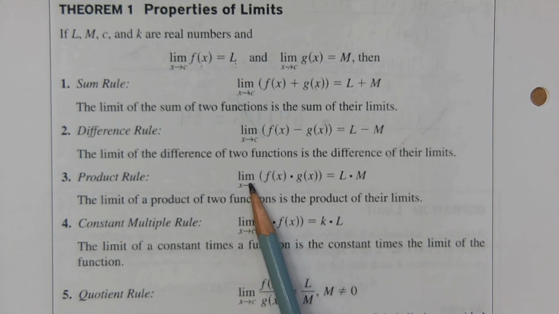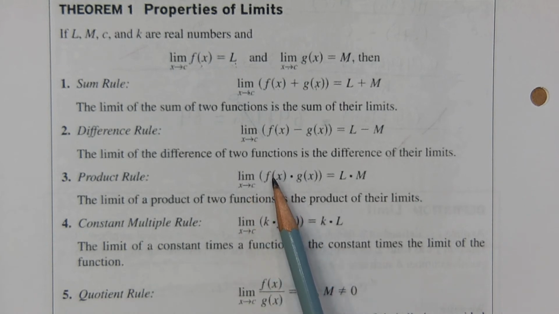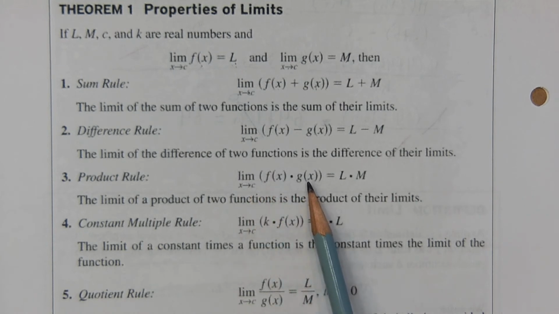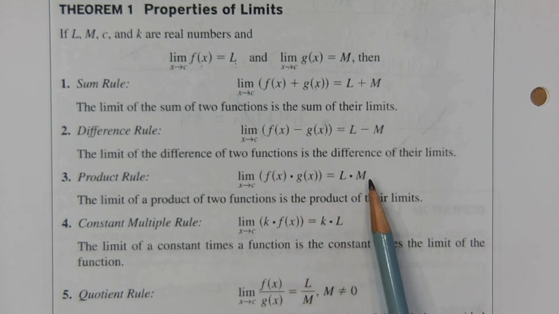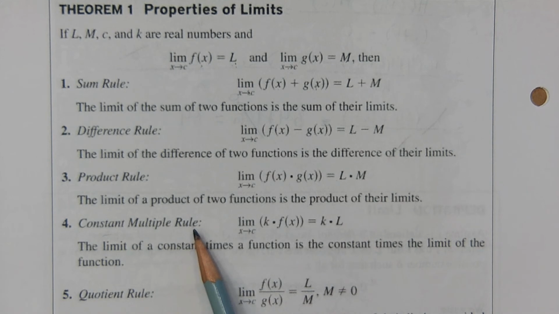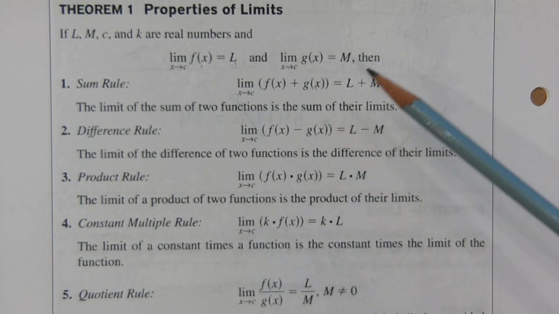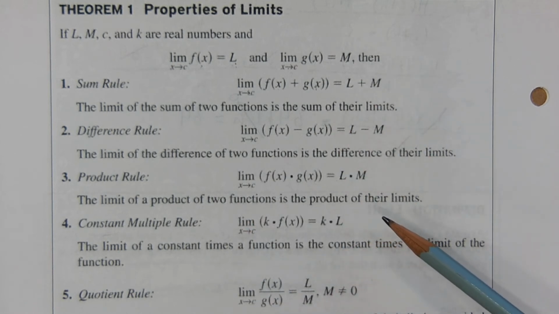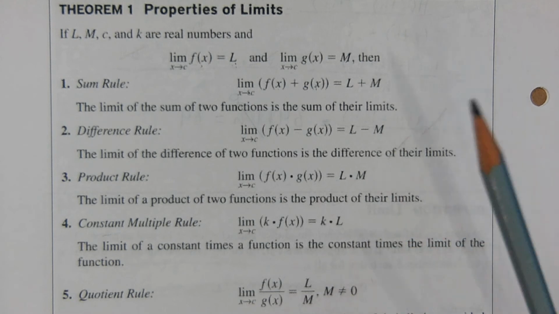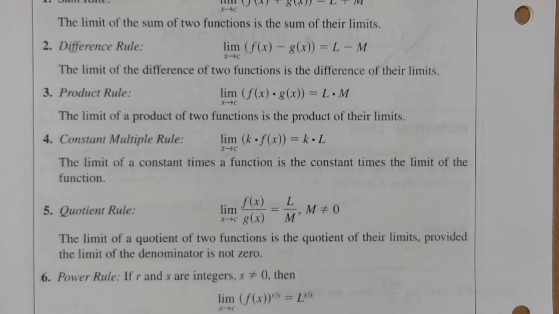The limit, when you find the product of 2 functions, is the product of the 2 functions' limits. Constant multiplier rule says k is a constant, remember, so if I have like 2 times f of x, like a vertical stretch, what that would do is it would vertically stretch my limit, so to speak. So it's just following regular old mathematical rules that you're familiar with.